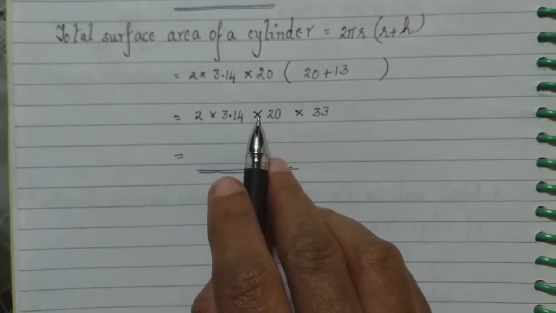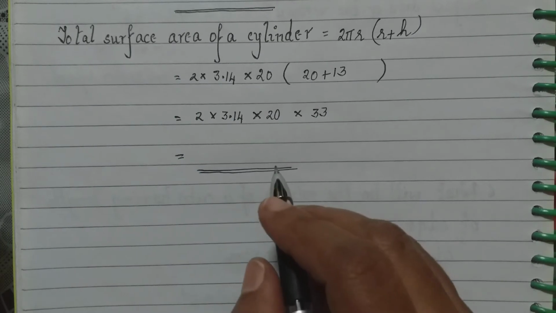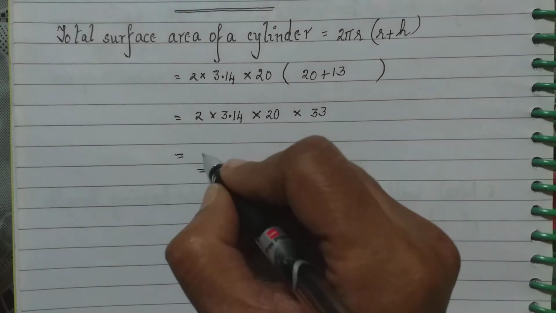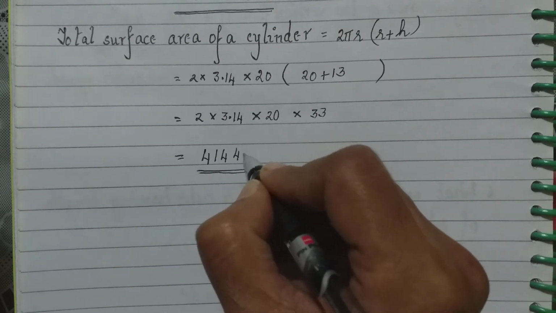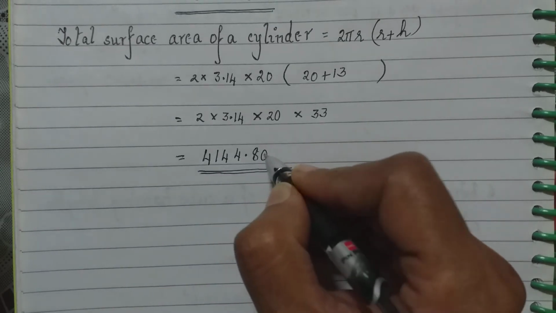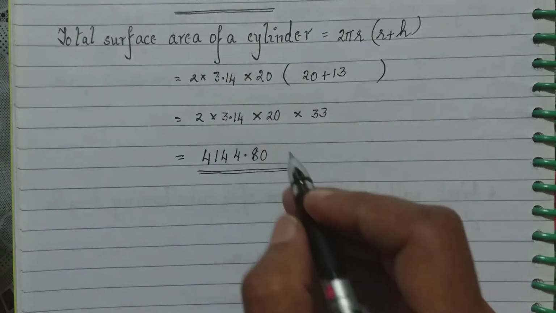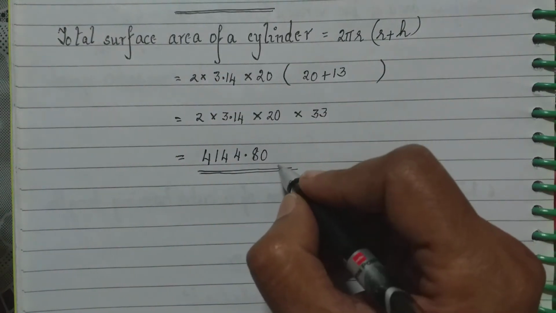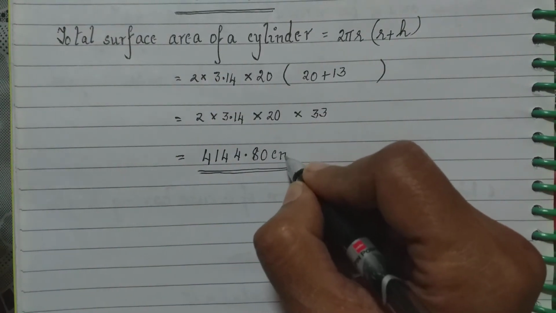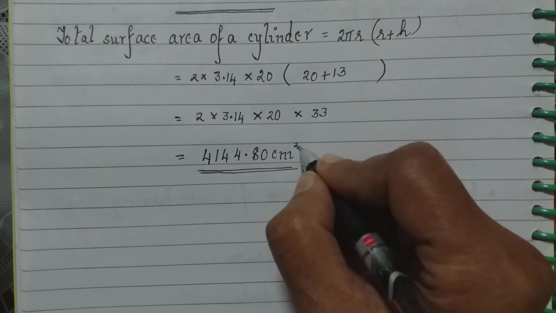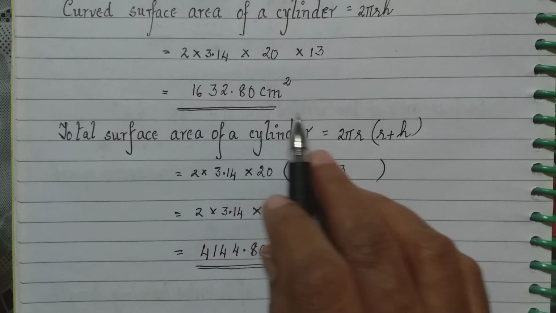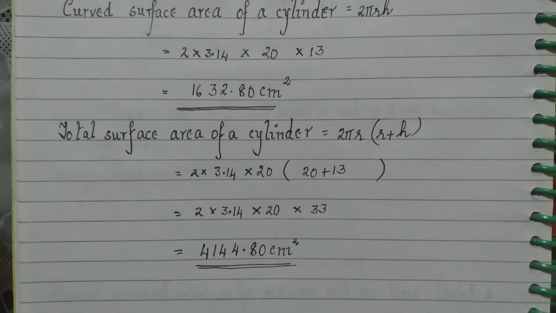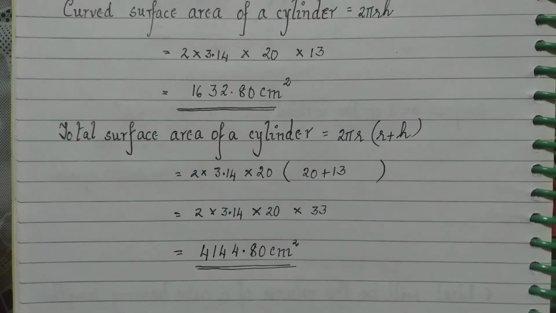When we multiply that, we get the answer 4144.80. The unit, because it is area, will be centimeter square. So we write here centimeter square. So we have now found both the curved surface area of the cylinder and the total surface area of the cylinder.